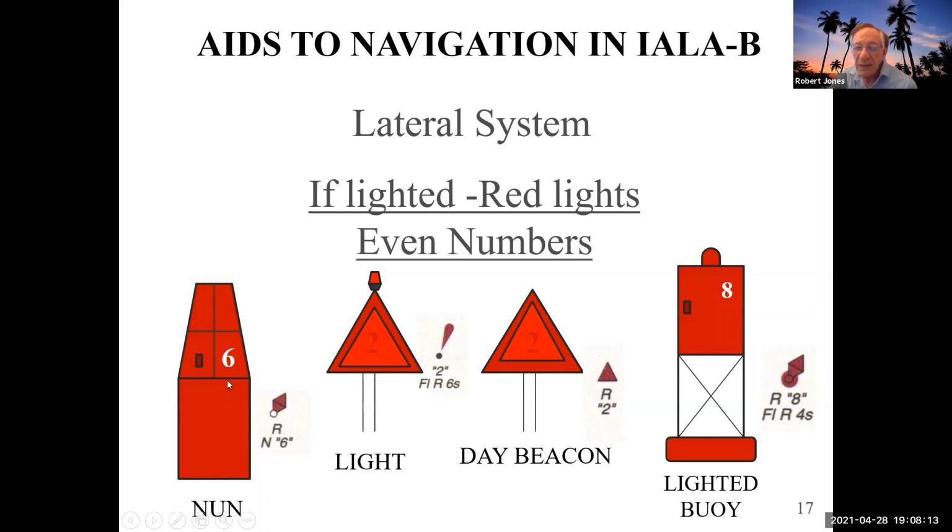But if it doesn't have a color that indicates which side to keep it to, but it has a shape, then you're following the nun. But that is not seen typically at all. Yeah. You might be in some crazy backwaters that might have a buoy with a shape as nun or can, not a color. I'm going to say 99% of the time you're going with color. Hopefully that, yeah. Okay.